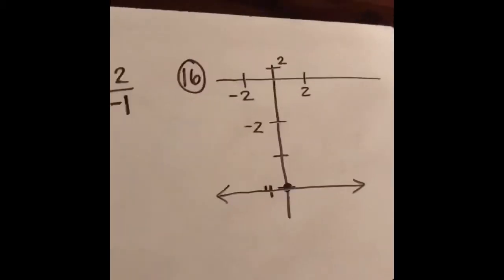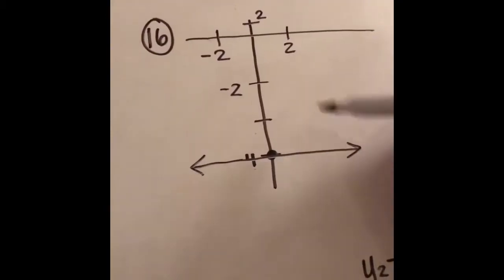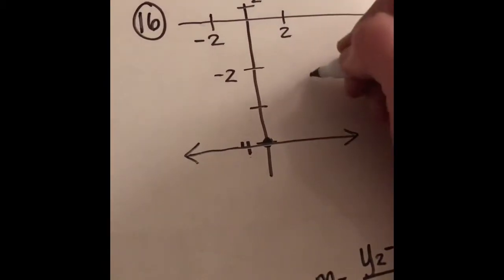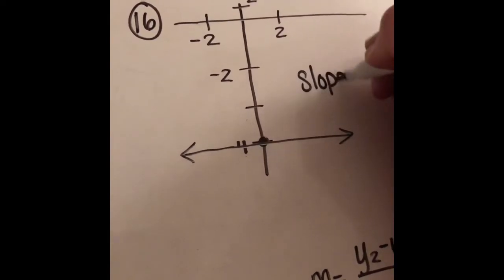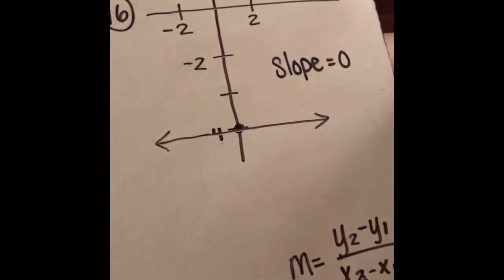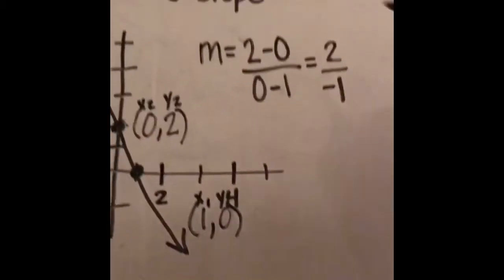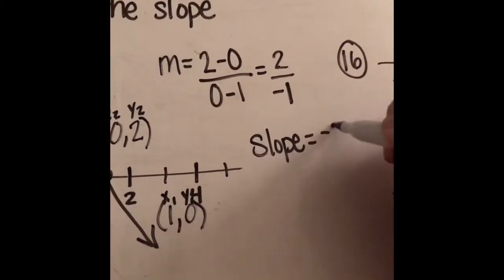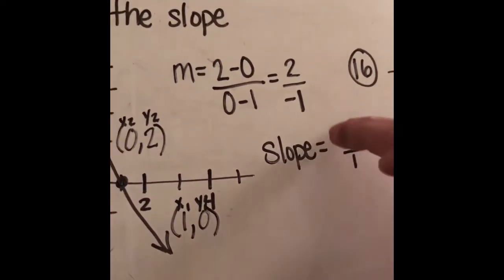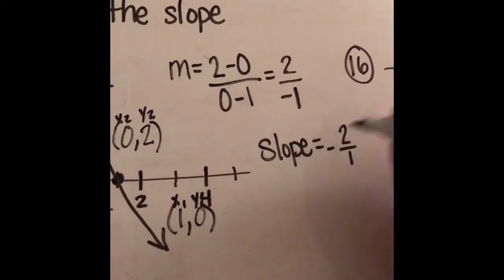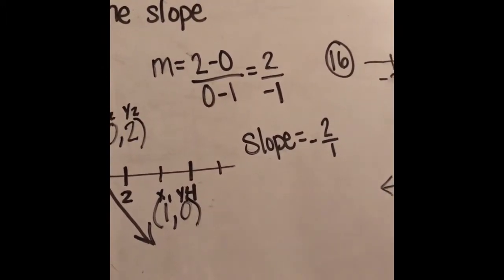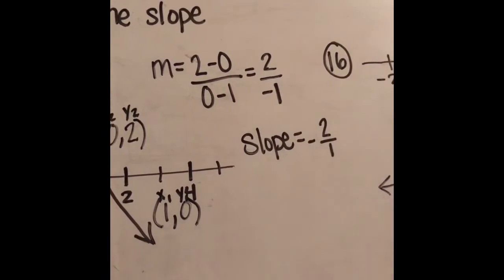This one here, 16, because it is only on the y-intercept, that means that your slope equals 0. Oh, by the way, sorry, the slope equals negative 2 over 1. I'm going to put the negative here, because you can decide which number, the denominator or the numerator, you want to be the negative.